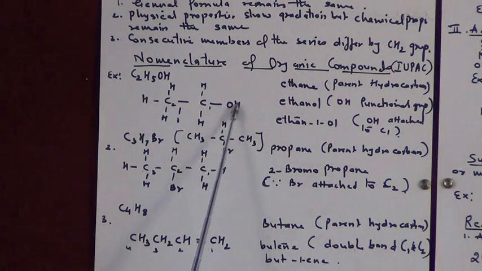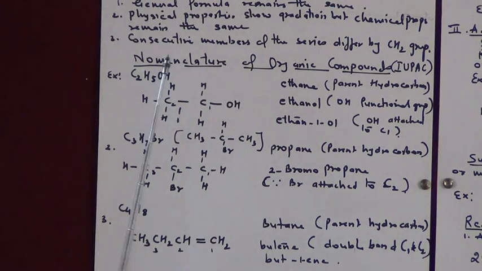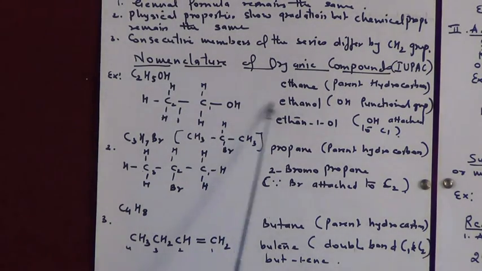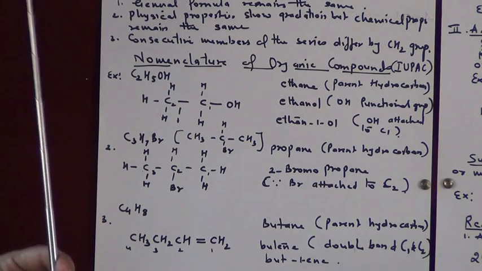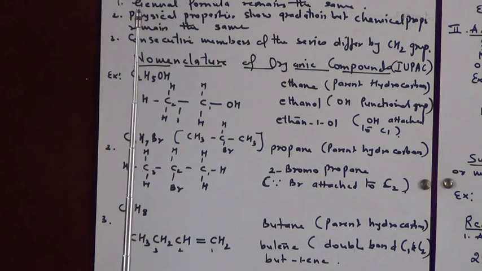And because there is OH group attached, which is the functional group, and we have already discussed that OH group is recognized by the suffix OL. So ethane becomes ethanol here.